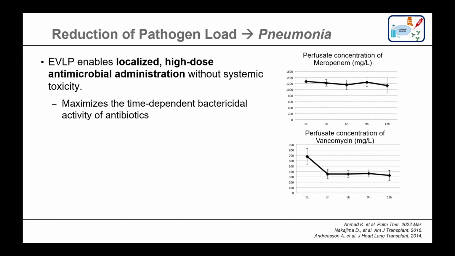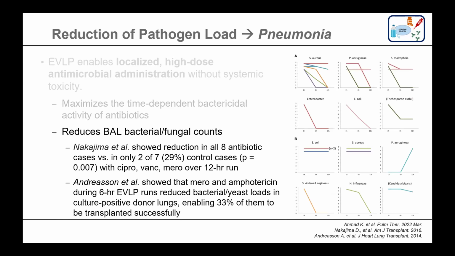And meropenem perfusate concentration was shown to be maintained around 1,200 mg per liter over a 12-hour run, which is much, much higher than the MICs to meropenem. The protocols combining Cipro, Vanc, and meropenem showed significant reduction in the bacterial counts in the BAL.